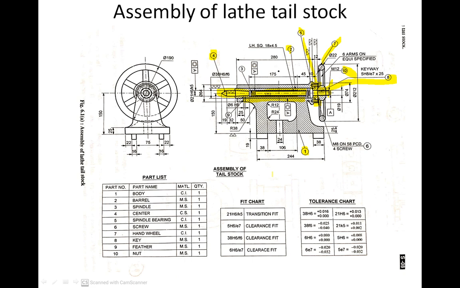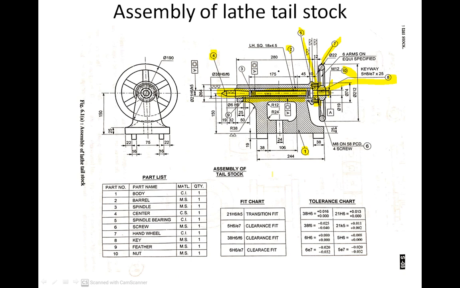So the functions of each part are different. Now I have clearly told you the different functions of each part, and you can take the dimensions of each part from this assembly drawing, and you have to draw the details of each part in a detailed drawing.